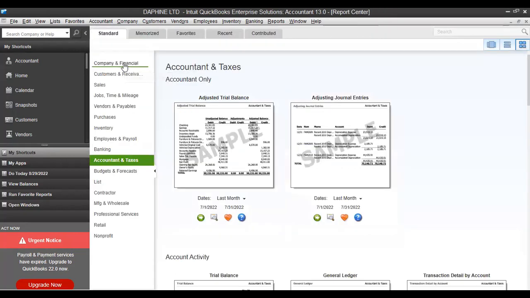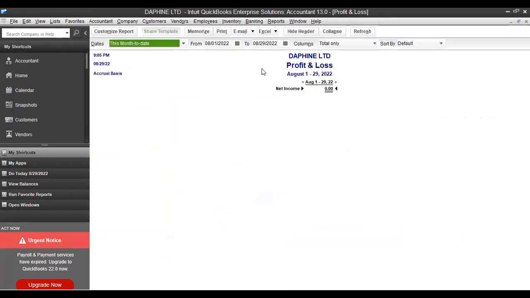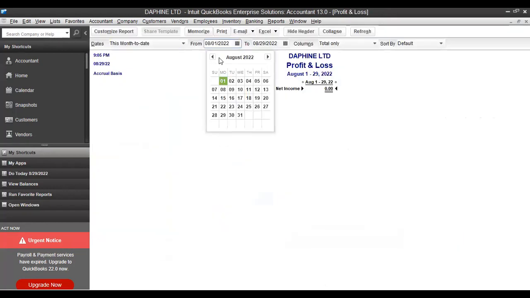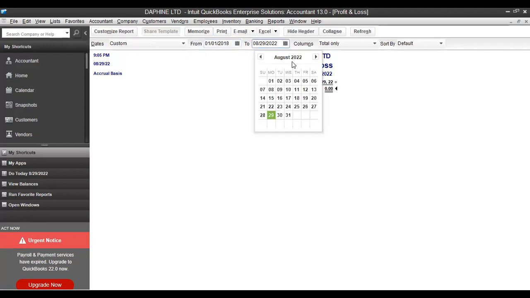So the P&L report is under company financials, P&L. When you click on it, they'll still ask you to specify the period. This was from 1st January 2018 to 31st December 2018.